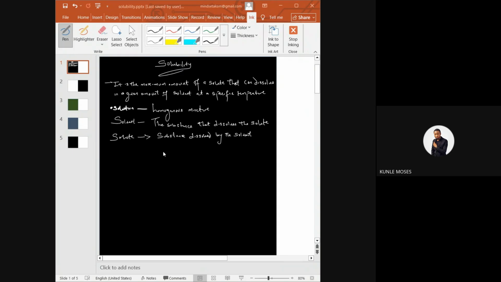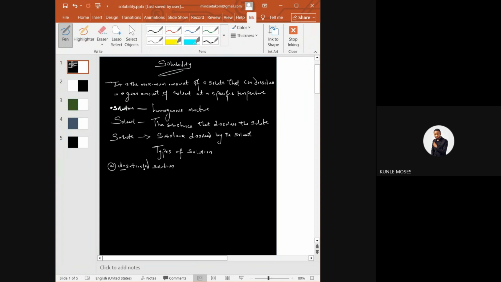So before we move into the calculation, let's go to types of solution. We have the unsaturated solution. When you hear the word unsaturated, it simply means it contains less solute than the maximum possible solute that it can have.